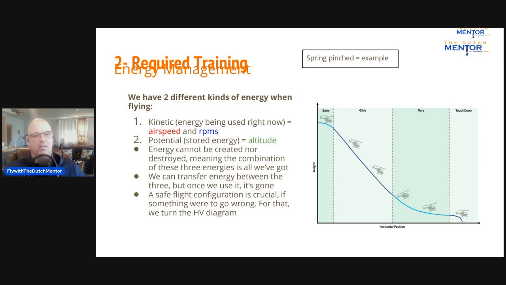Okay, the key here is we have to think about this as energy management. And energy management in an aircraft, we have to think about as kinetic energy being used right now.